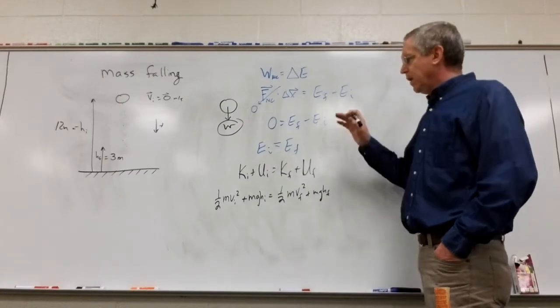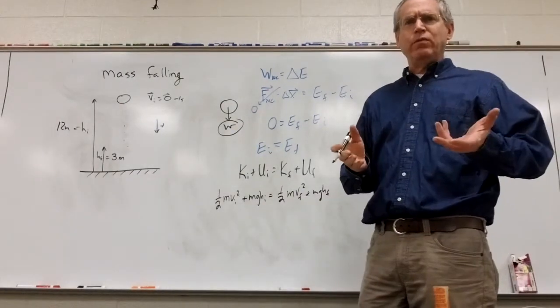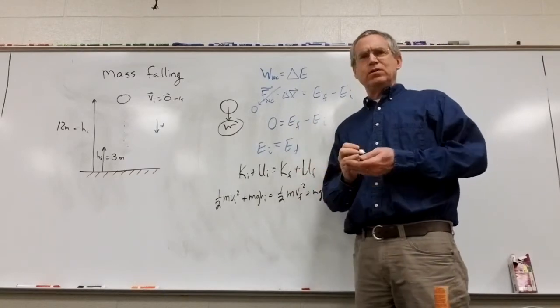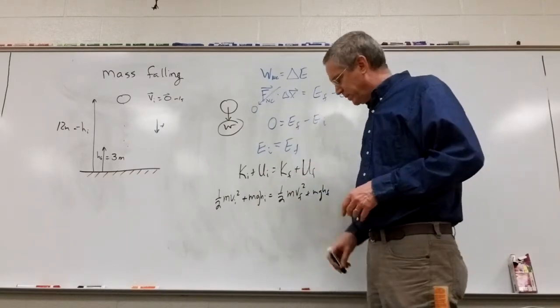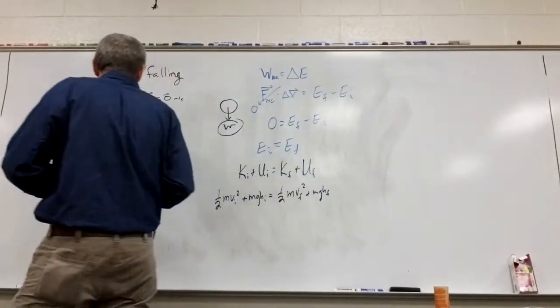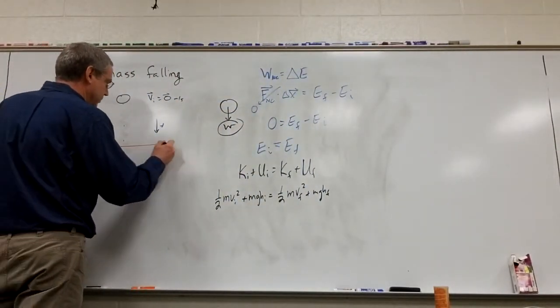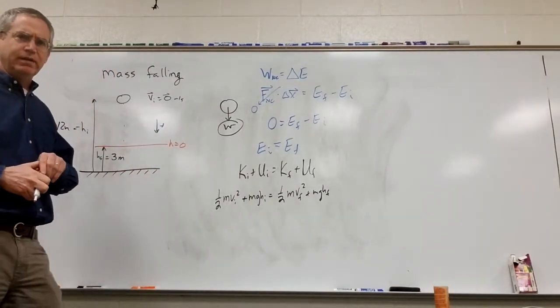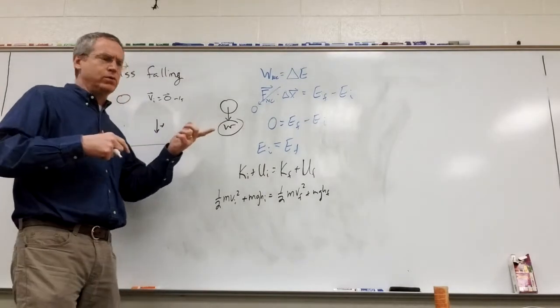And so at this point, we try to figure out what can we get rid of. Since I can establish h equal to 0 for potential energy anywhere I want, I'm going to establish it here. It doesn't matter if we establish the other one, and we'll work through that after we do this one.